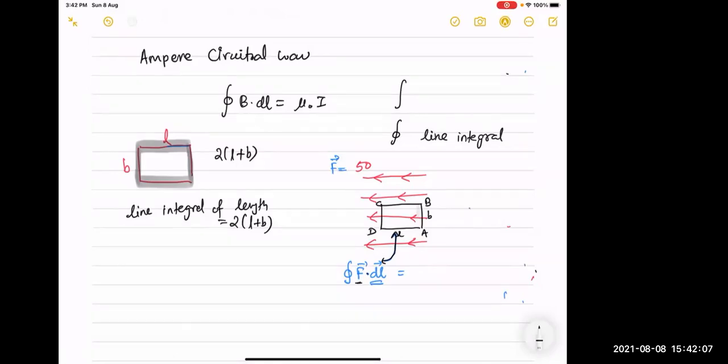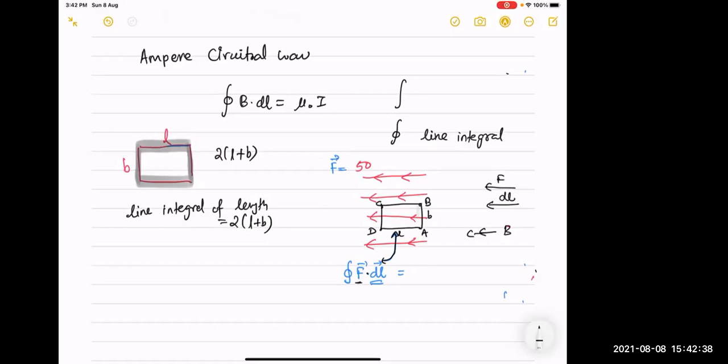So suppose you go from B to C. Along the length, the dl vector is like this from B to C, and the F vector is also like this.